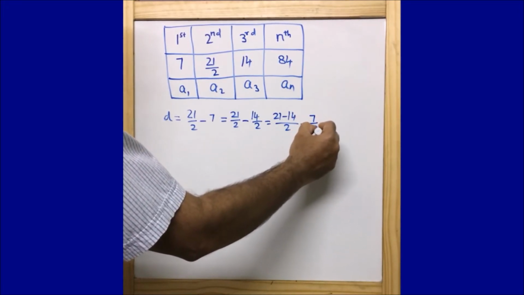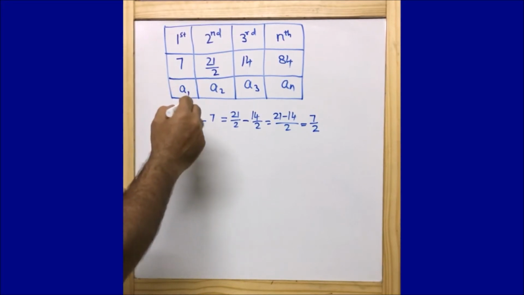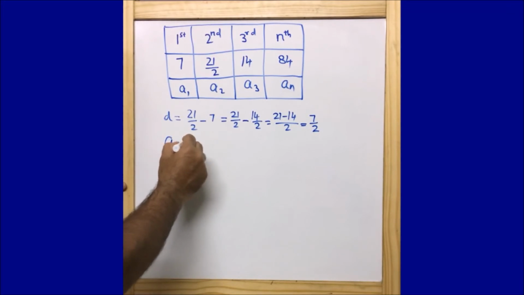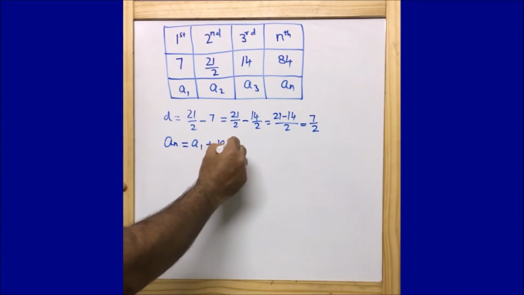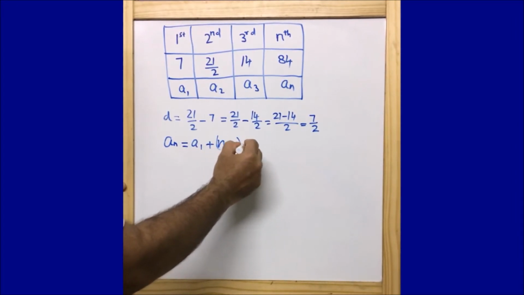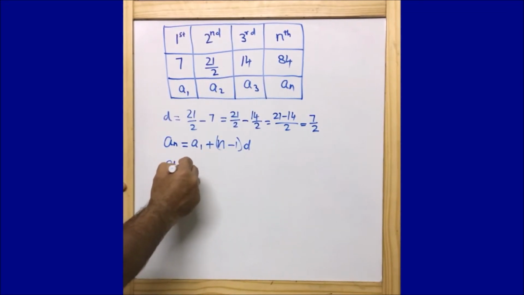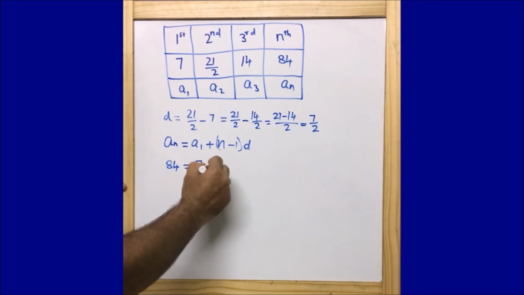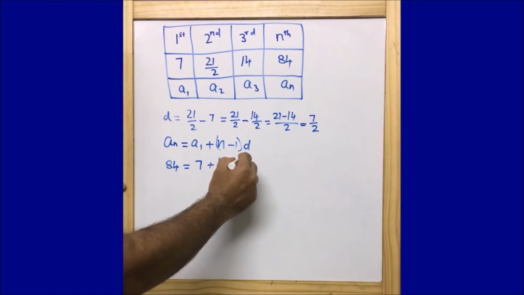So we got the value of D as 7/2, and we have the rest of the data with us. Let's work out the equation: An is equal to A1 plus (n minus 1) into D. Replacing the values, An is 84, A1 is 7, and D is 7/2.